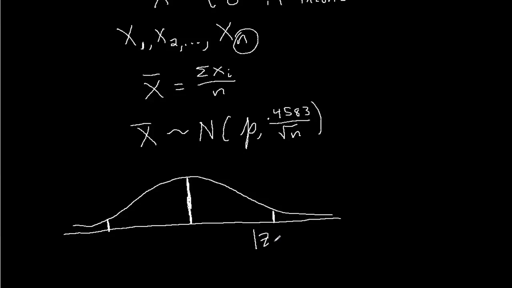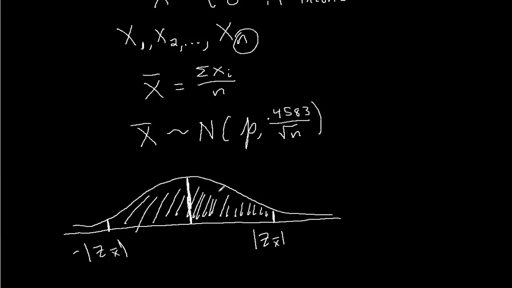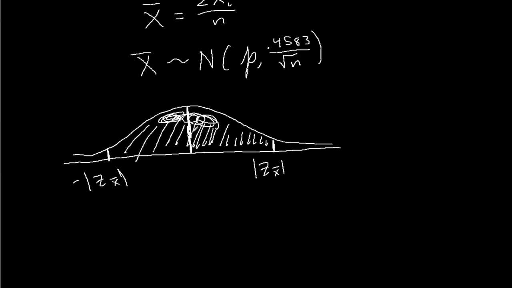So we'd have z sub x bar, with the absolute value, and minus z sub x bar, with the absolute value. This area is the probability that a sample mean is no more extreme than what we saw, that it's no further from the actual mean than what we saw happen. For a 95% confidence interval, we want this area to be less than or equal to 0.95.